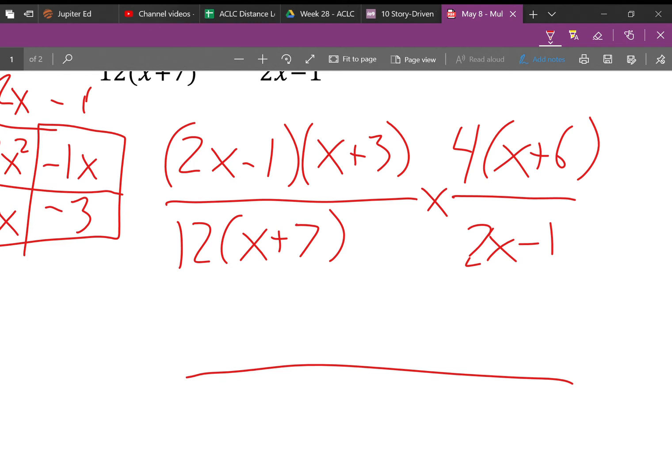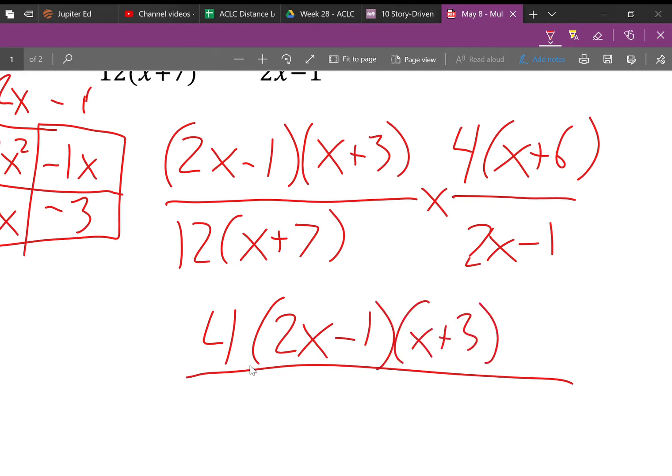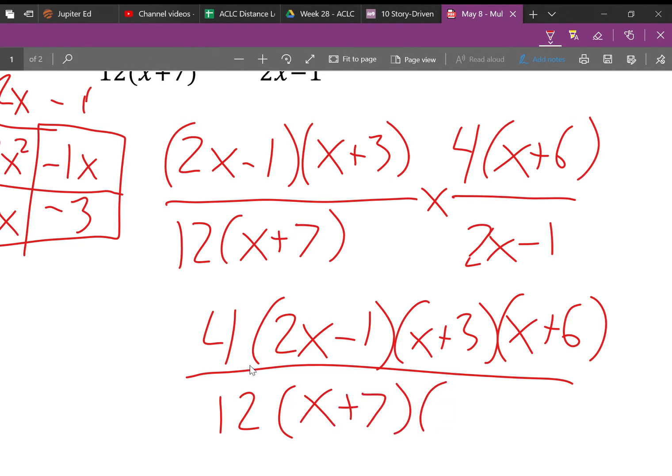So that 4 we're going to put in the front. Then 2x minus 1, x plus 3, and x plus 6 on the top. On the bottom, the 12 is already in front. We have x plus 7 and 2x minus 1.